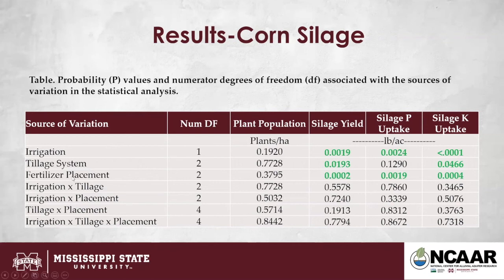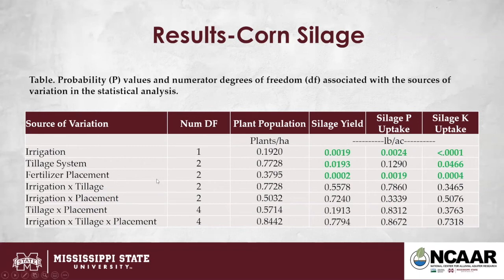And then there were three fertilizer placements: fertilizer broadcasted before tillage, fertilizer broadcasted after tillage and incorporated into soil. And where we had strip till for incorporation, we used the banding with the strip till.